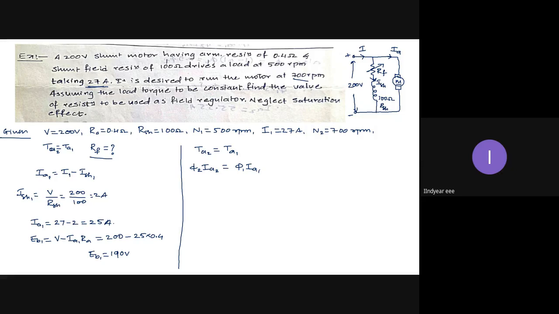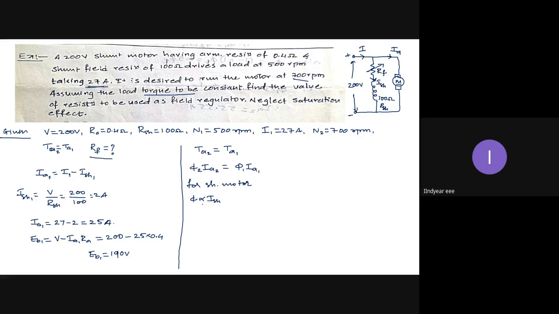It is given because the torque is remaining constant, assuming the load torque to be constant. Now we know that for shunt motor, the flux is proportional to field current. In any motor, flux is proportional to field current, but in shunt motor, flux is proportional to shunt current, ISH.